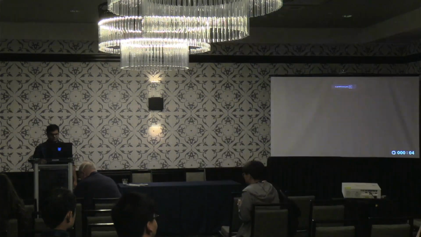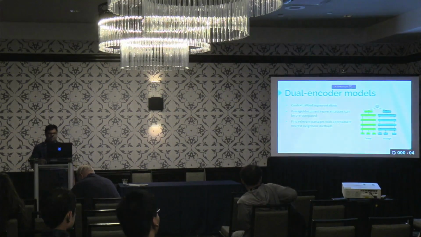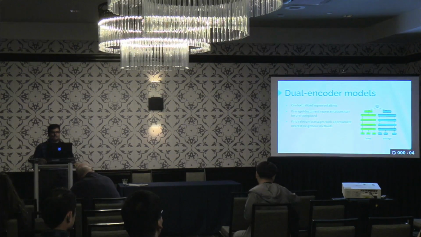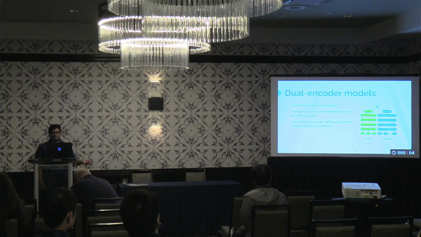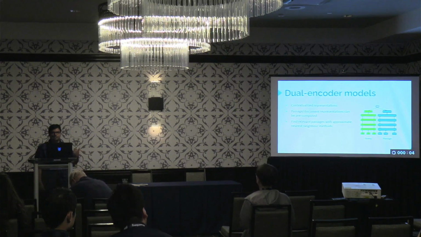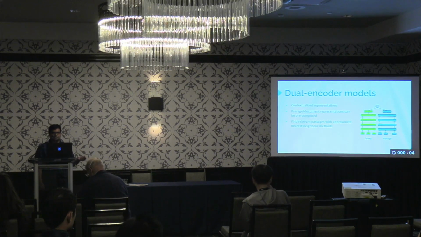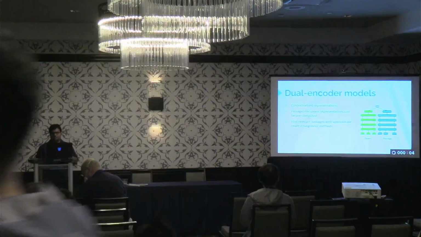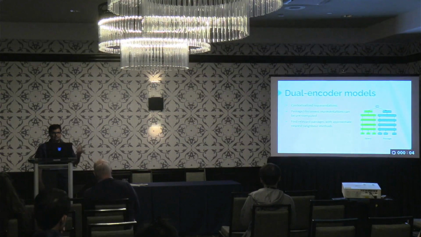Let's start. So this is the typical architecture that we use for dense passage retrieval. It's a dual encoder model. Here we have two transformer models, one that we use to encode queries, one that we use to encode passages, and we get dense representations for the query and for the passage.